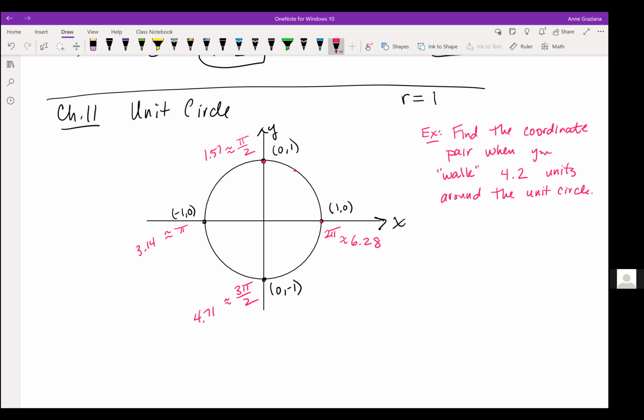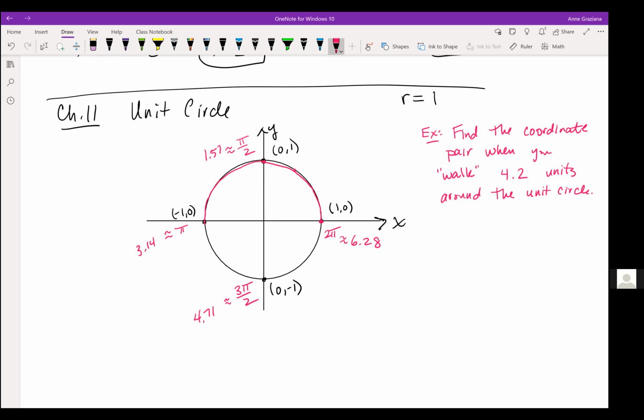Okay, 4.2 units. So we always start at that point, and I'm going to travel. If I travel along this curved distance, when I get here, this is about 1.57, not far enough. We keep going and we get to 3.14. Now I'm looking ahead and I see that 4.71 will be too much.